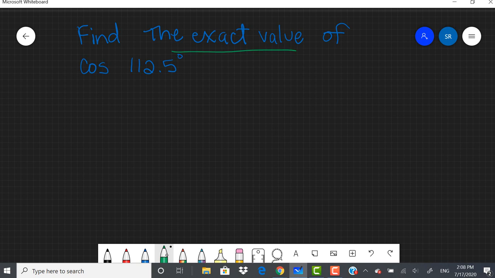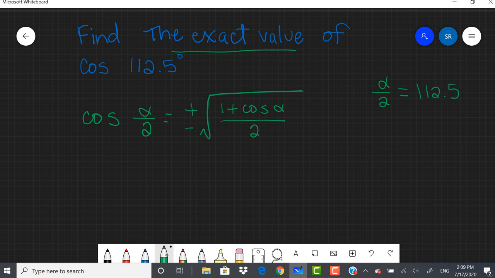So let's figure out how I can rewrite this in terms of alpha over 2, and then I can just plug it into my half angle formula, which would be plus or minus the square root of 1 plus cosine alpha all over 2. So to figure this out, I need to figure out what alpha over 2 is. Well, alpha over 2 needs to equal 112.5. So I just need to multiply both sides by 2.